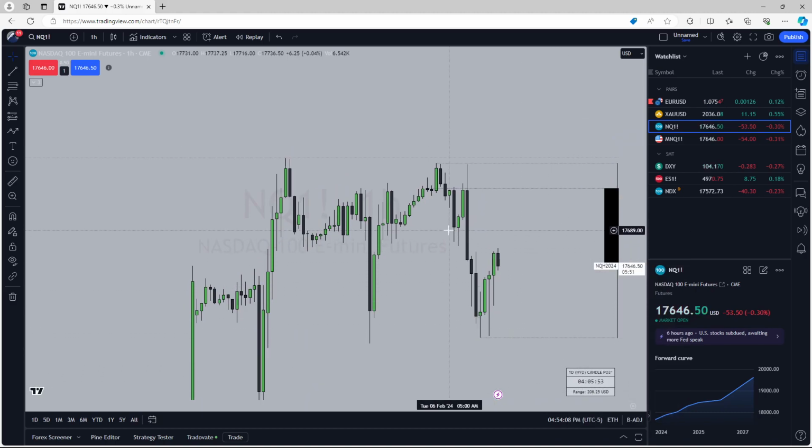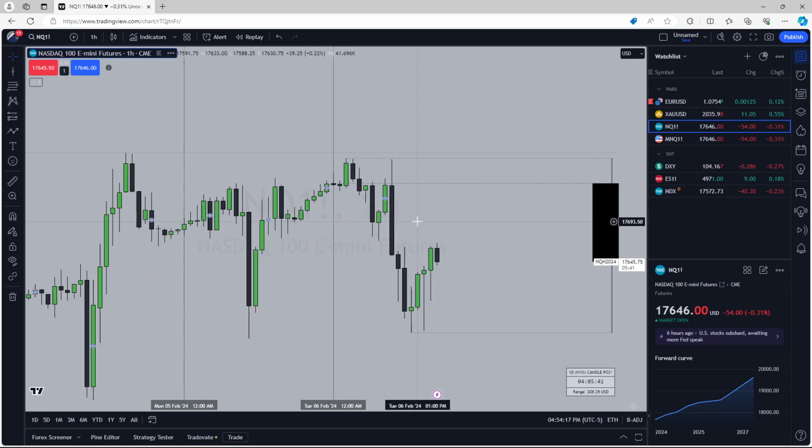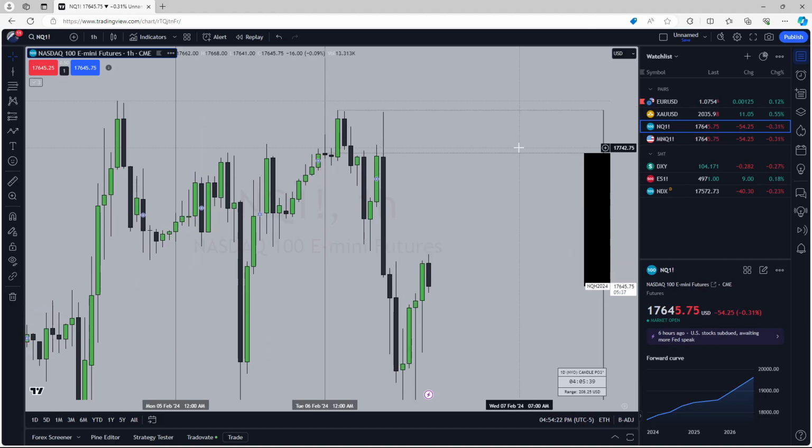Yep, on NQ. Right, so I'm just gonna mark it out like 12 a.m. and then Monday's open. You posted it yesterday at 12:18. 12:18.